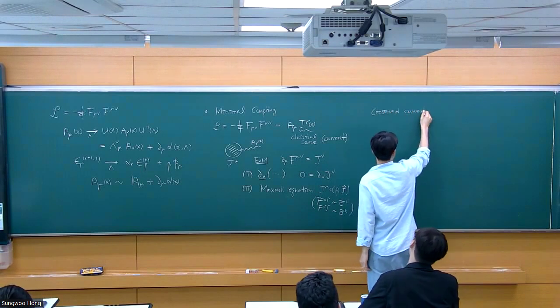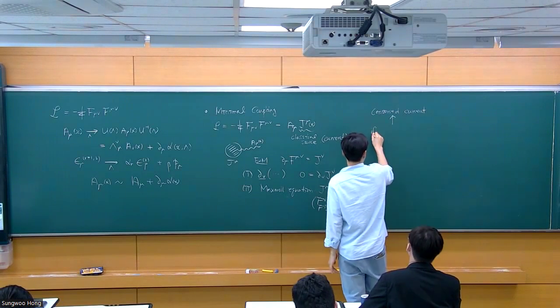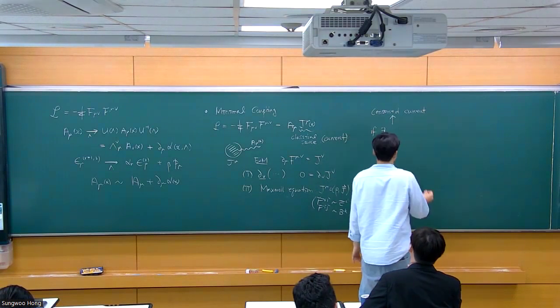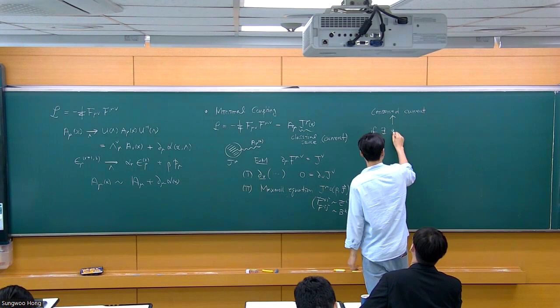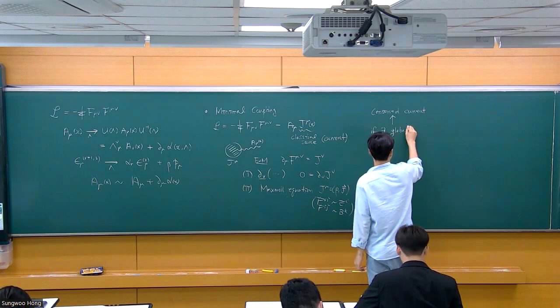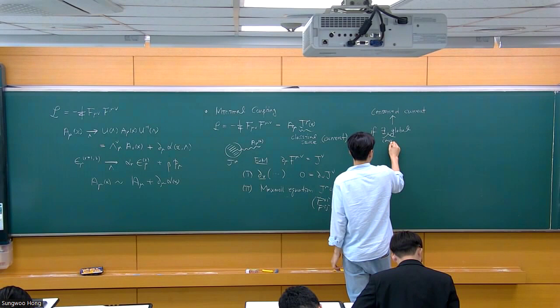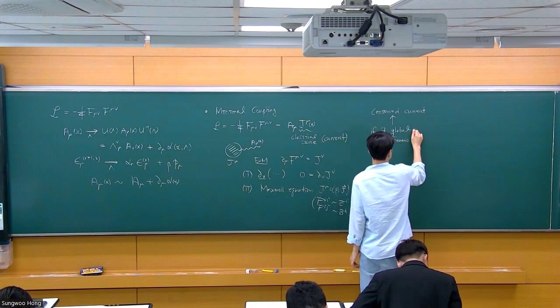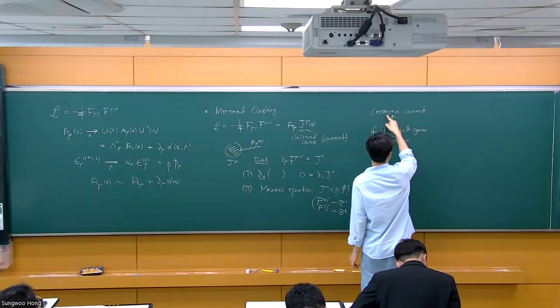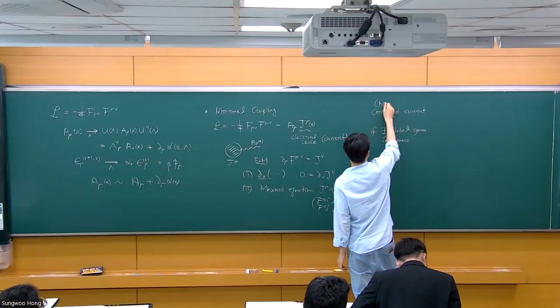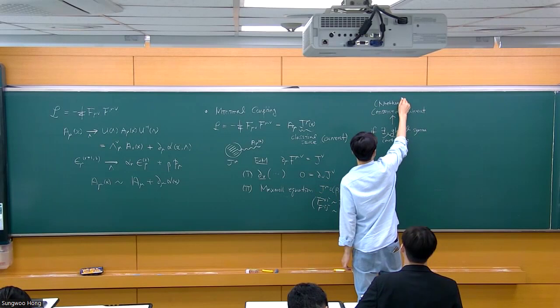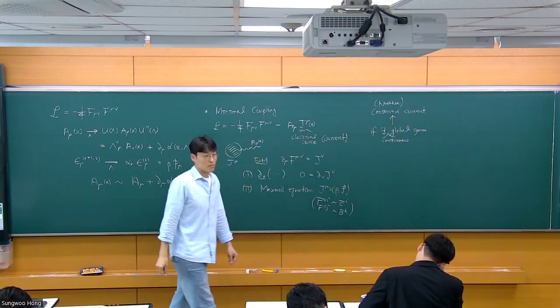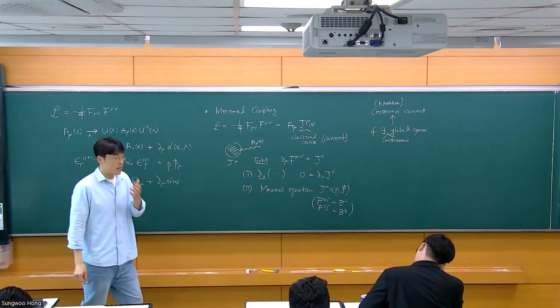You get it if there exists, exactly, a global symmetry. More precisely, a continuous global symmetry. In this case, this conserved current is nothing but Noether's theorem, Noether's current, right? That's the contact point.